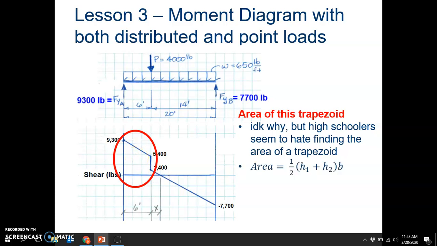But the area of a trapezoid is 1/2 the height 1 plus the height 2 multiplied by the base, which is essentially you taking the average of those two heights and then multiplying it by the base to make it a rectangle. So we have 1/2 times the sum of 9,300 and 5,400 multiplied by 6, which gives you 44,100. Oh, I did it again. This should be pounds, not kips.